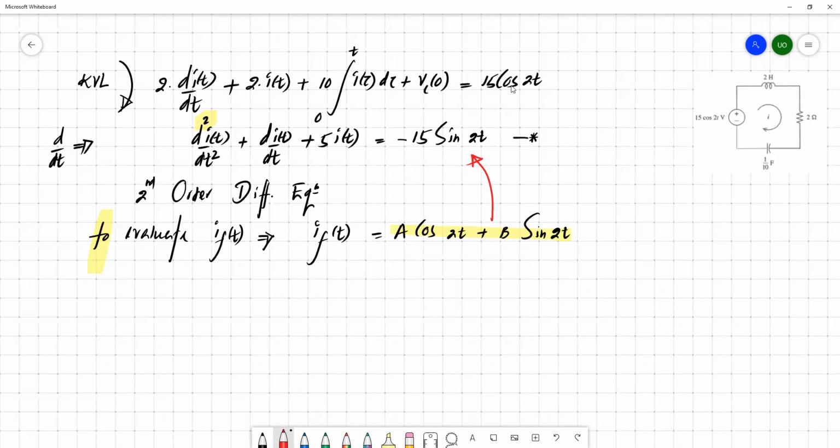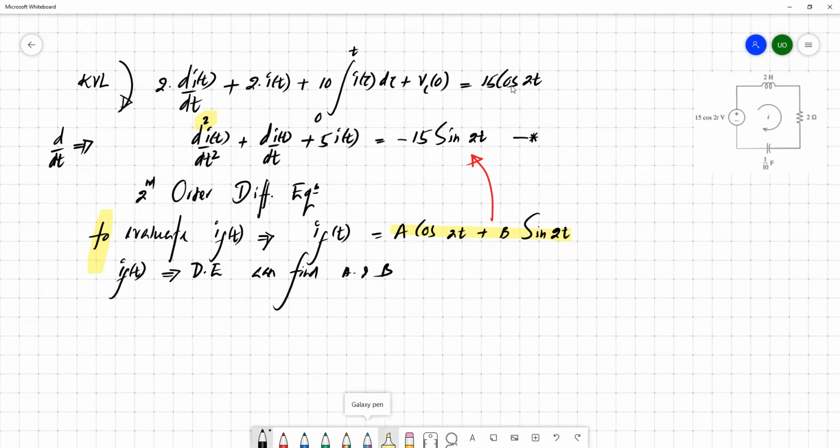By substituting, you can find A and B. This is the way we find the force response for any kind of differential equation, whether it's first order or second order.